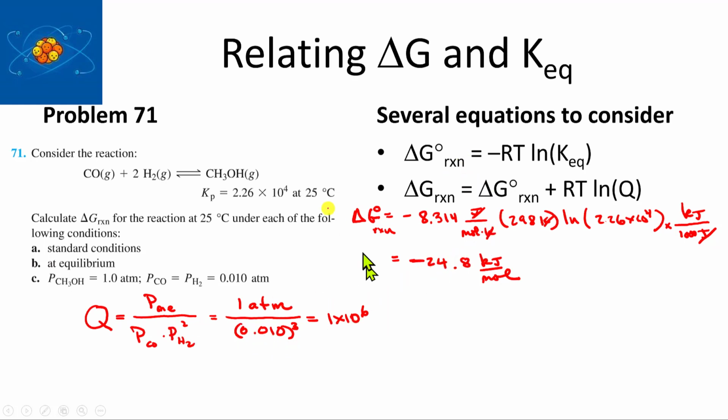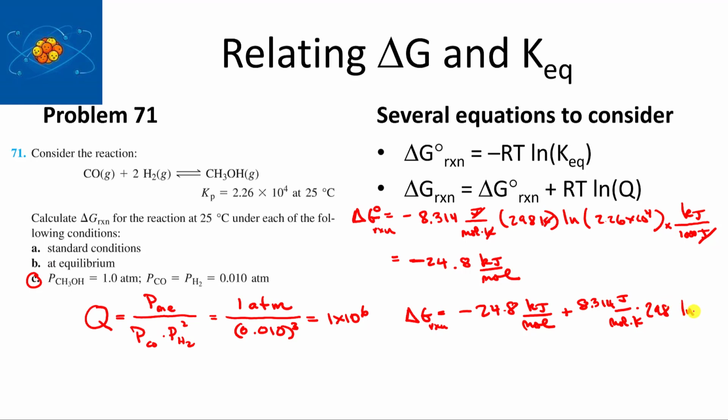Okay, so now I'm going to calculate delta G under the conditions in C, and that'll be delta G is equal to my reaction, negative 24.8 kilojoules per mole, plus again 8.314 joules per mole times Kelvin times 298 times the natural log, ln, of 1 times 10 to the 6th.